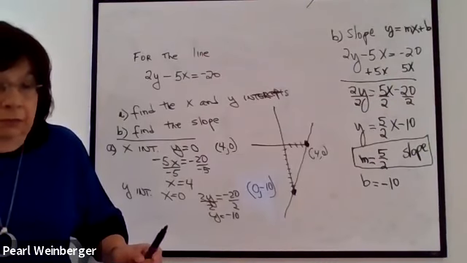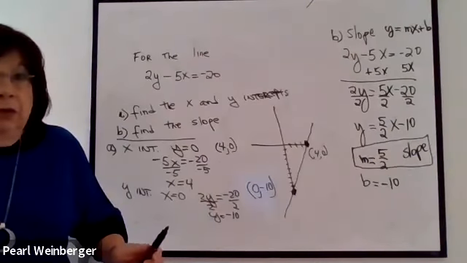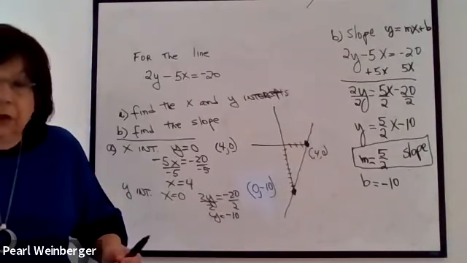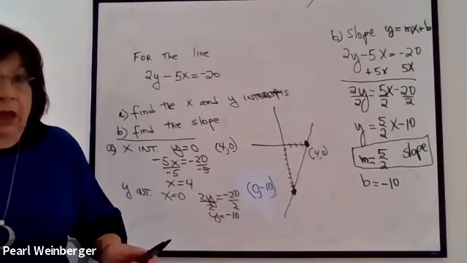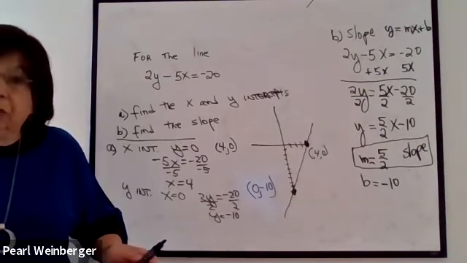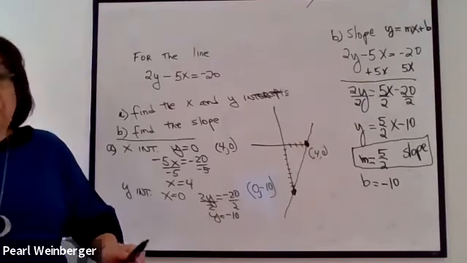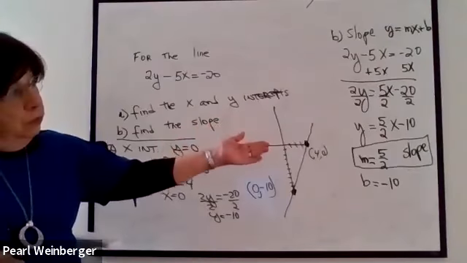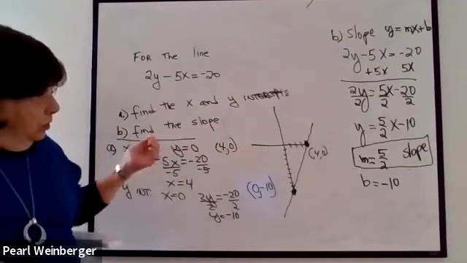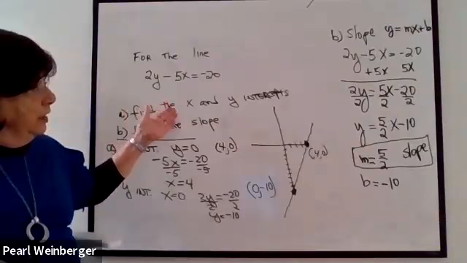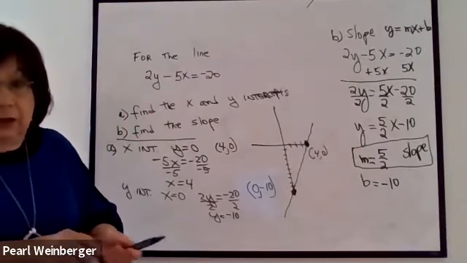Last time when we were here, we talked about starting with the equation of a line and figuring out information about the line. One of the things we did was we were able to find the slope. Another thing we were able to do was to find the x and the y-intercept.